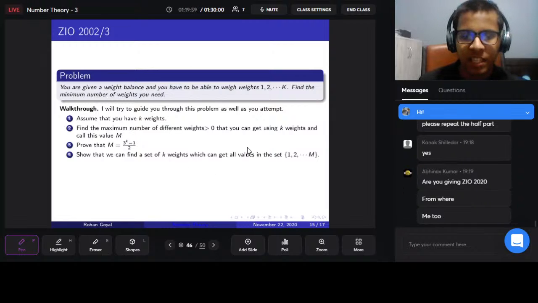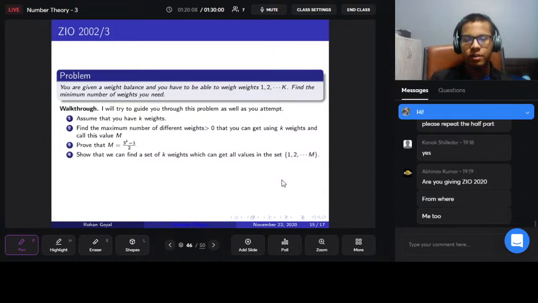Awesome. Okay, please try to prove this. Try a set for smaller values. Like what set can you find for say k equal 2 or k equal 3? Try to find sets.